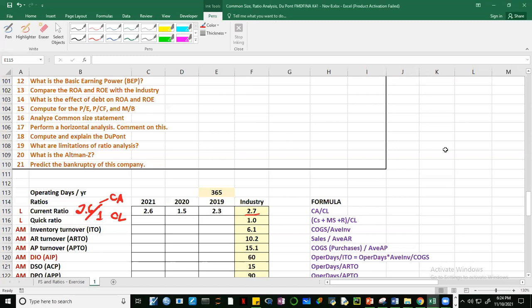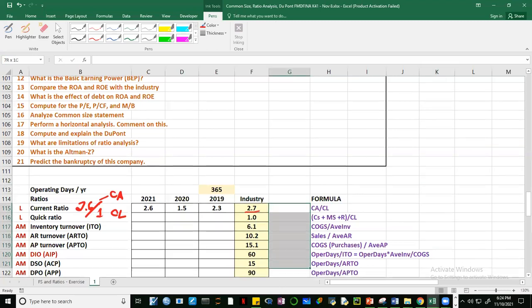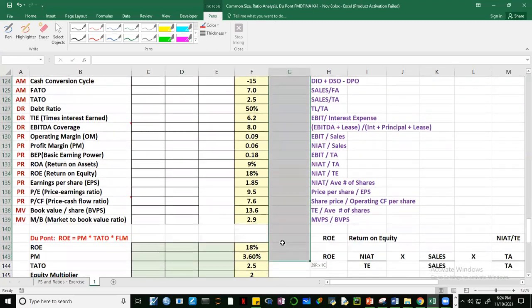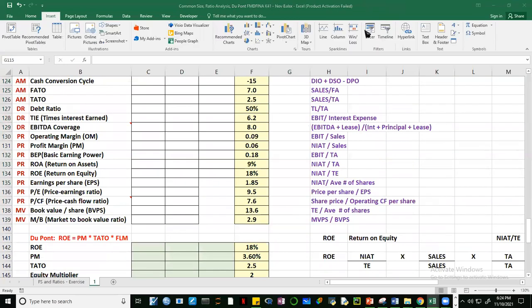Okay, so of course, you know that we can create a sparkline here. But why don't we do that? So, pwede natin i-highlight lahat kung meron man. No? Highlight, then insert. Okay, let's put our column na lang.